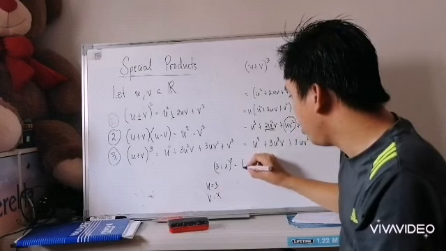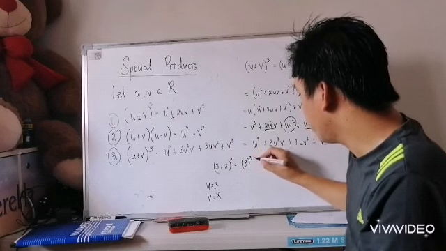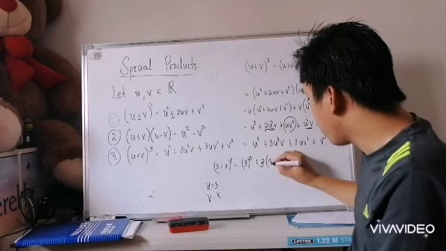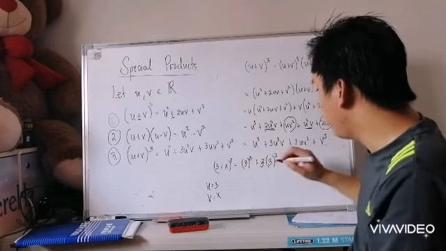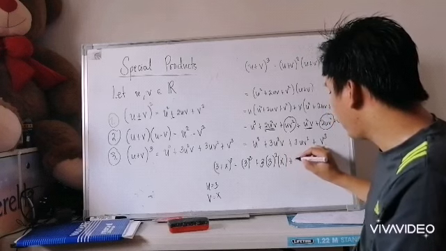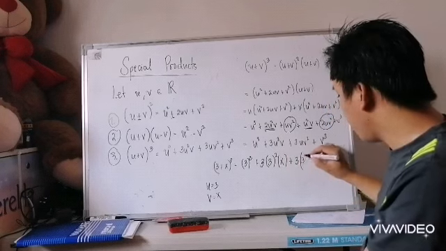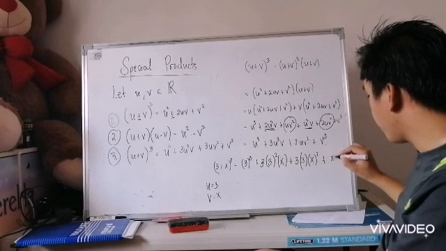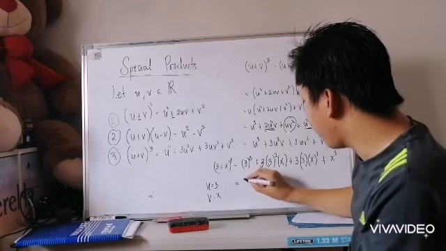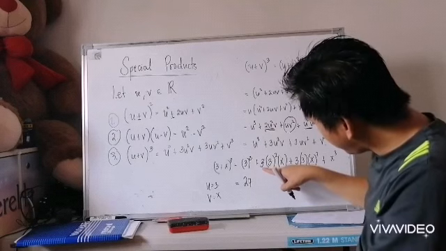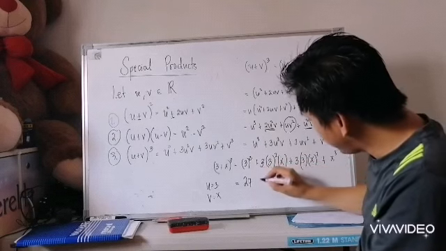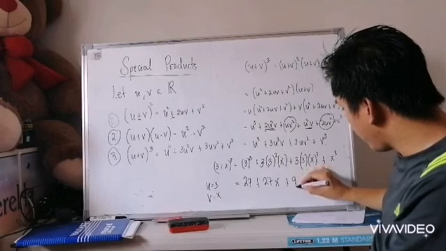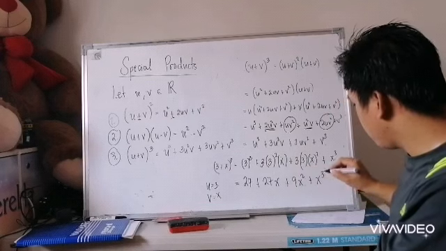So, therefore, you get u cubed, so that is 3 cubed, plus 3u squared, so that's 3 times 3 squared, and our v is x, plus 3u times v squared, x squared, plus v cubed, so that's x cubed. So therefore, this is 27. This is 3 times 3 squared, so this is 9 times 3, you get 27x, plus this is 9, so you get 9x squared plus x cubed. That's it.